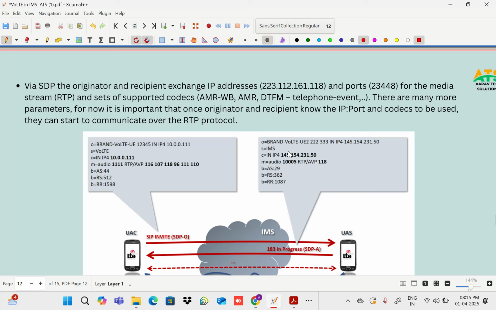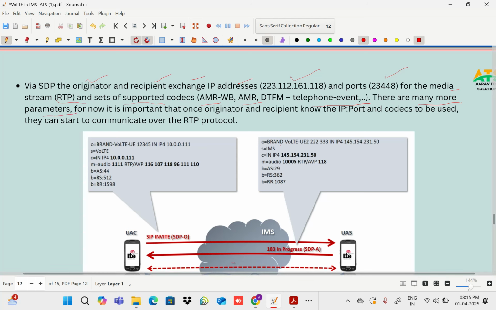By SDP, the originator and recipient exchange the IP address and port for the media stream RTP, and the set of supported codecs: AMR, AMR wideband, DTMF, telephone event. There are many more parameters.